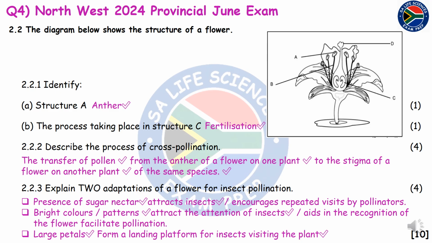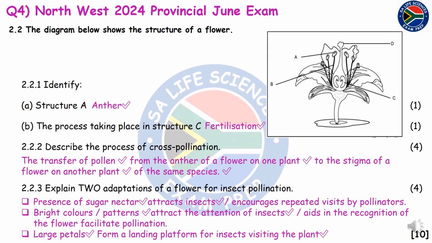Mark number 3, we're going to state where this pollen is going to. So this pollen is going to be transferred from the anther of one plant to the stigma of a different plant or another plant. The word another is very important in your explanation, as this is what sets your answer apart from defining self-pollination.